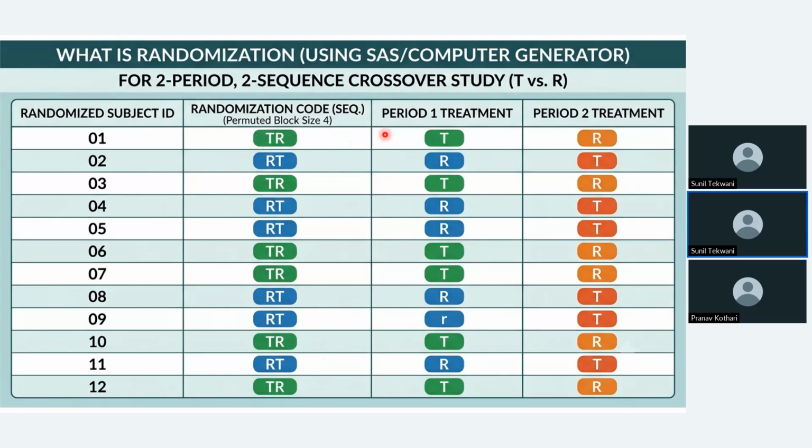Why this crossover and randomization and two sequences are required? This is required to avoid bias. Okay, if there is no randomization, then investigator of the study, that means the head of the study, clinical department, can choose that to this particular human subject, who looks healthy and young, I will give test product to him to show good blood levels.